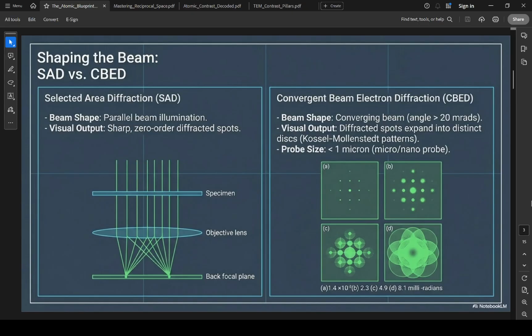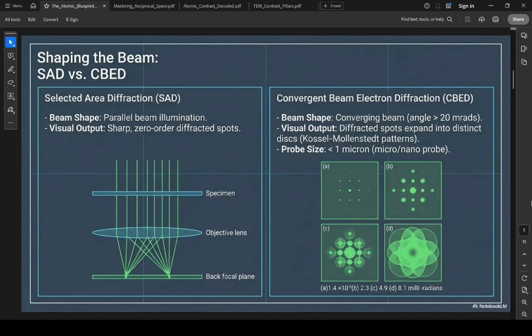Whereas in CBED we use a converging beam with a very large convergence angle, greater than 20 milliradians, and due to this the diffracted spots change from single points to large discs, which are called Kossel-Möllenstedt patterns.